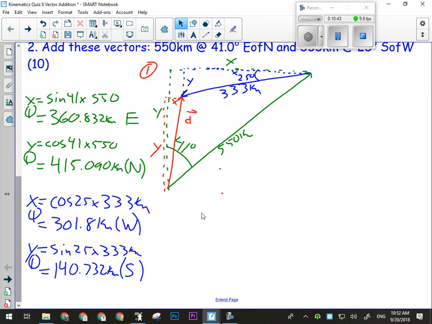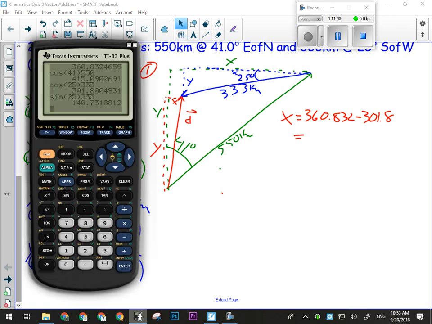Now we need to find our resultant's x and y components. Everything backtracks in this question. Okay? Everything backtracks, so instead of adding, we'll be subtracting here. So to get red x, which is quite small, we're going to take green x, which was 360.832, and we're going to subtract from that 301.8, and that'll give us our red x.